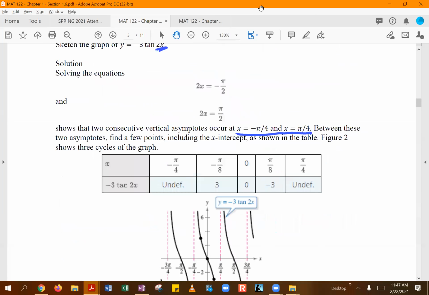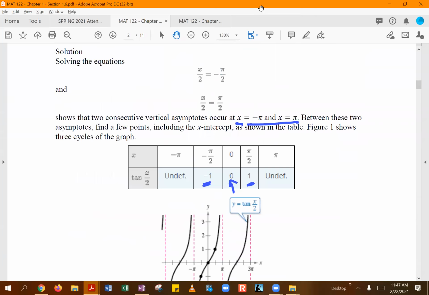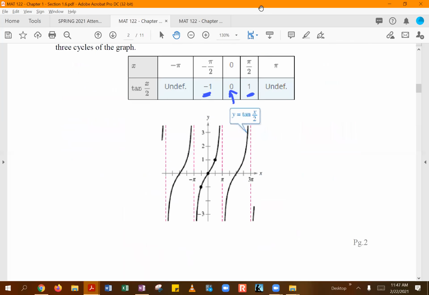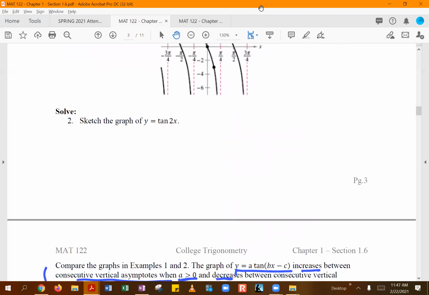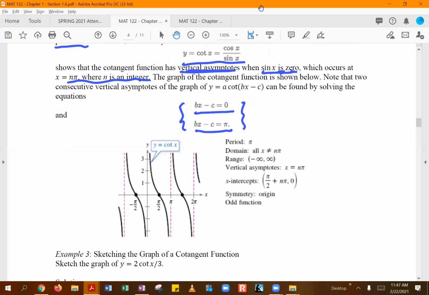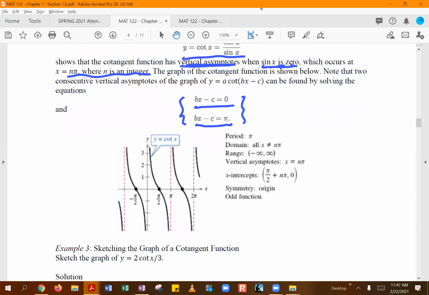So for the tangent function, we set them equal to negative pi halves and positive pi halves when we did these. But for the cotangent function, you are actually going from 0 to pi. So those equations will be a little bit different for your cotangent function. But, obviously, like I said, you will see a lot of similarities between those two.